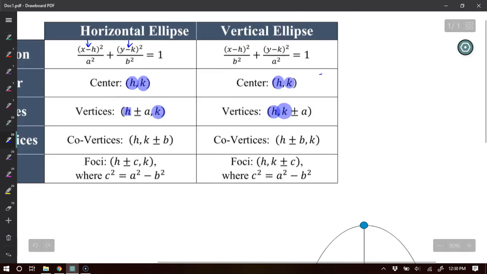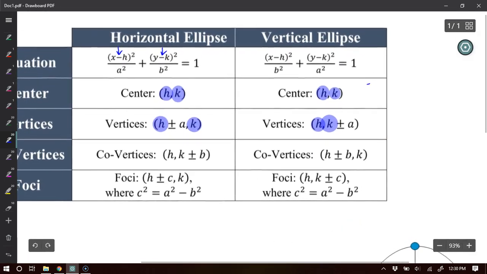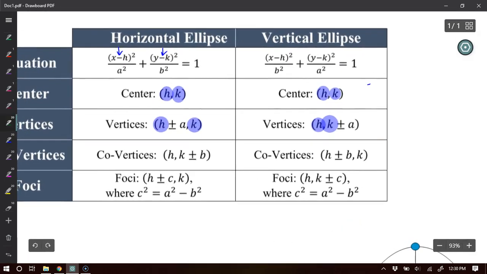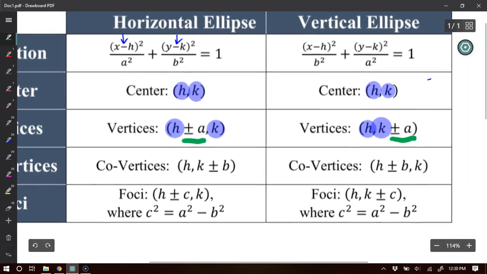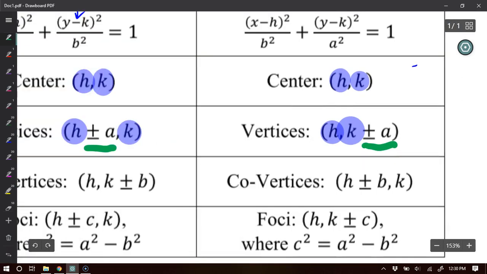The difference between the vertical and the horizontal ellipse formulas is what you are adding the a value to. It says plus or minus a. For horizontal, you're adding and subtracting a to the h value. For vertical, you're adding and subtracting a to the k value.